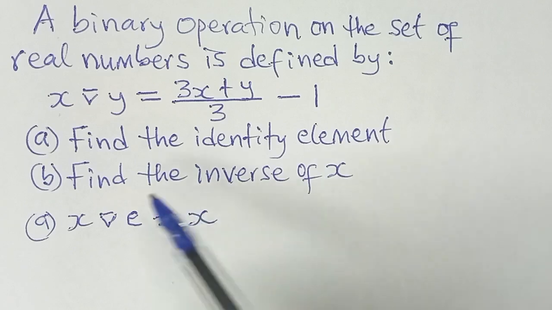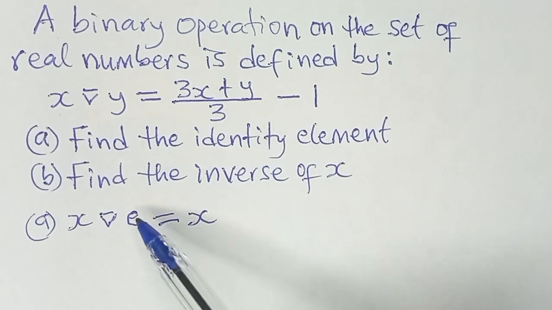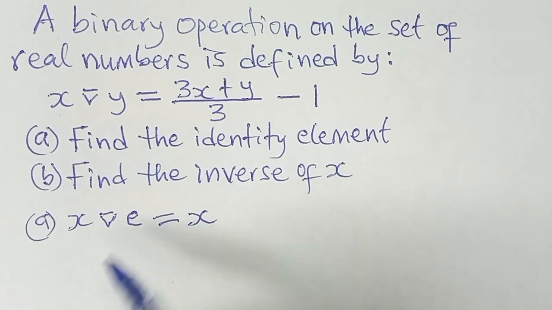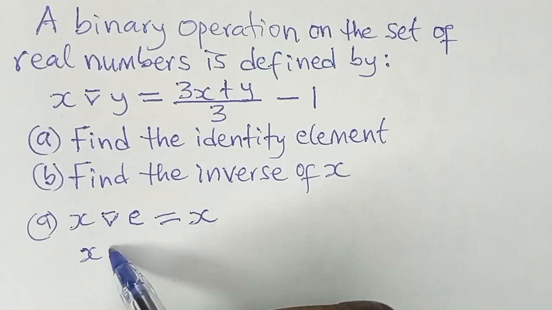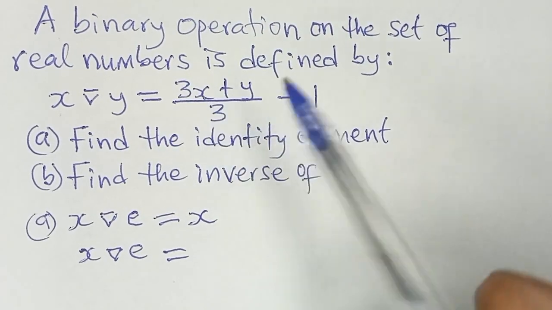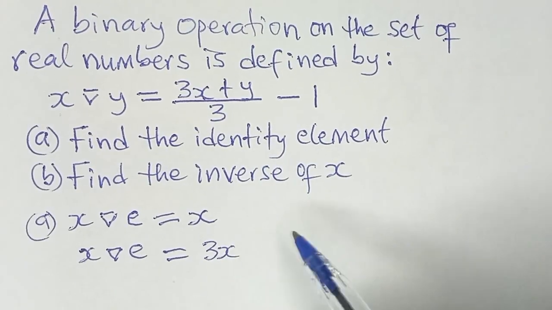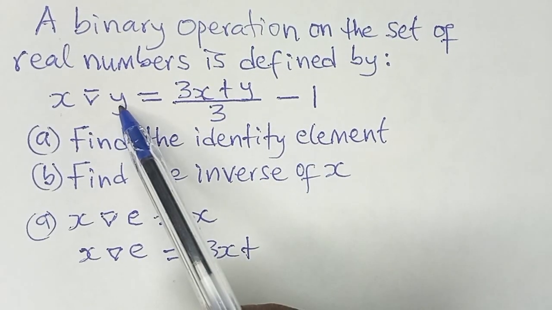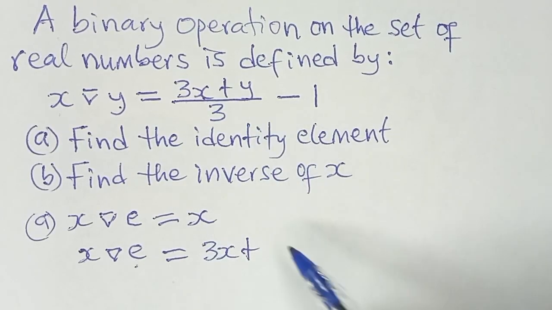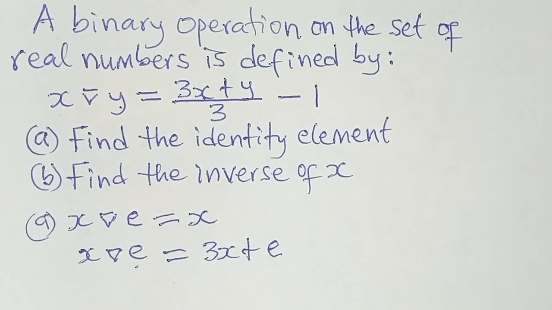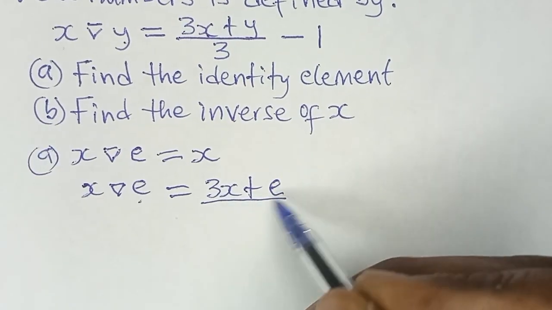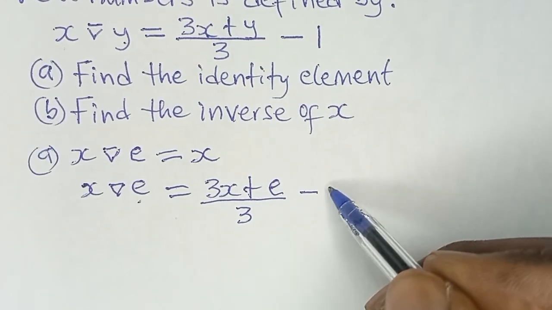So what we're going to do now is to go back to this operation, and in place of y, we're going to substitute this identity element E. So x * E is equal to 3x plus, in place of y, the identity element E, over 3, and then minus 1.